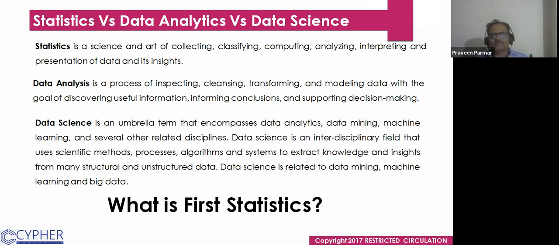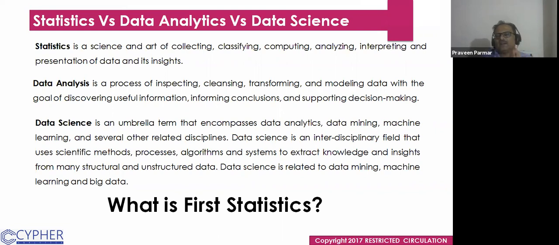Data analysis is a process, and it is the science and art of inspecting the data. How you would inspect the data, as I explained in the demo: we take a glimpse of the data, then we see the structure of the data, and so on.